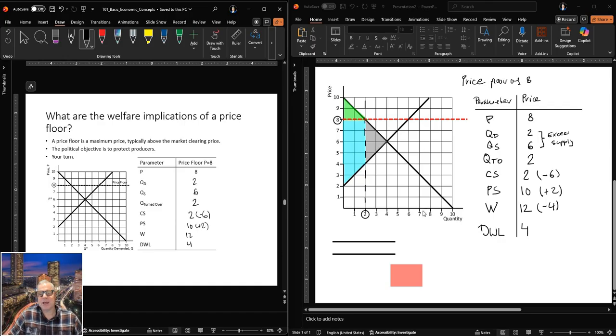Okay, but now let's take this example here, where we have a price floor of 8. A real-world example would be maybe a minimum wage.